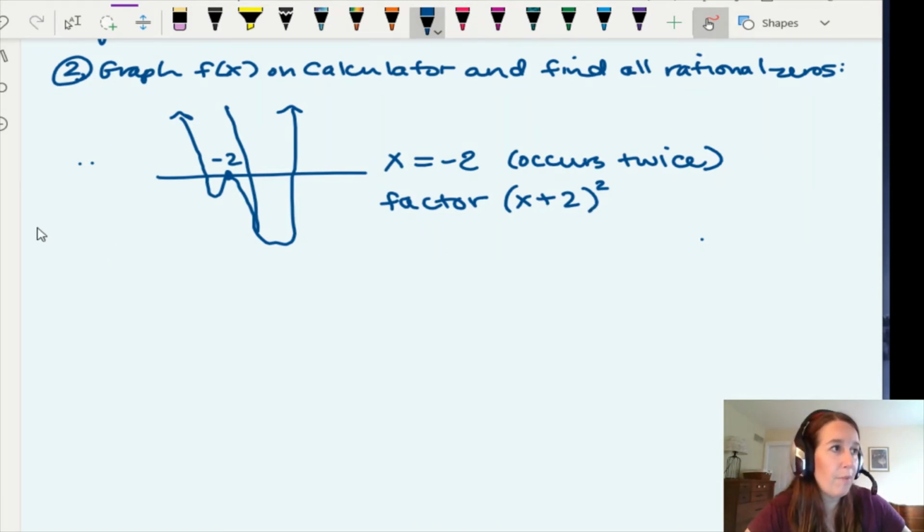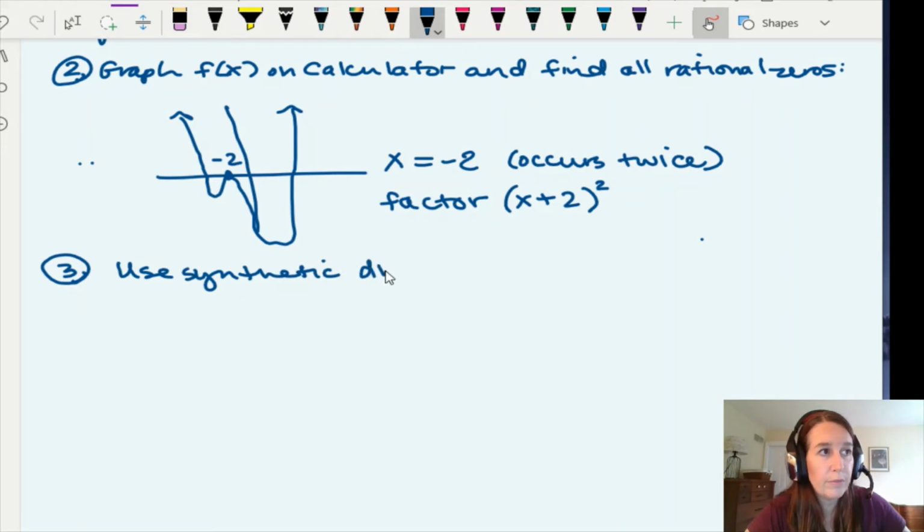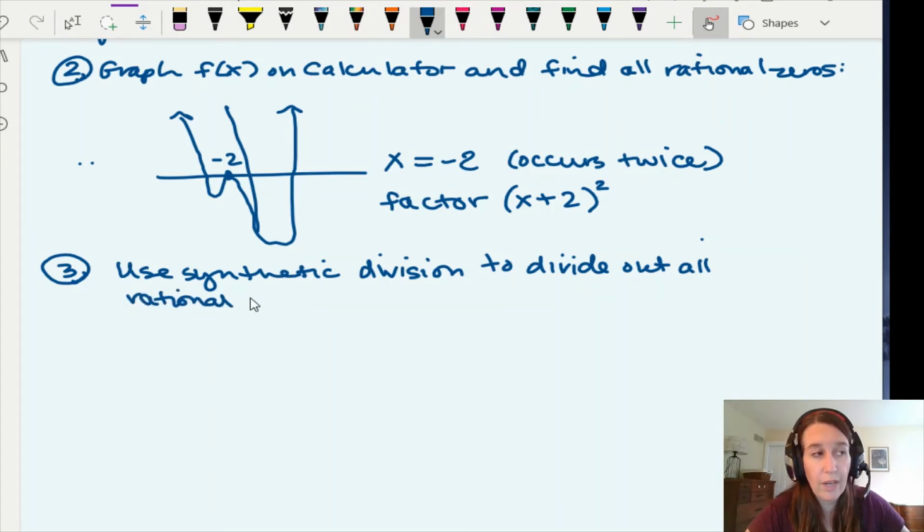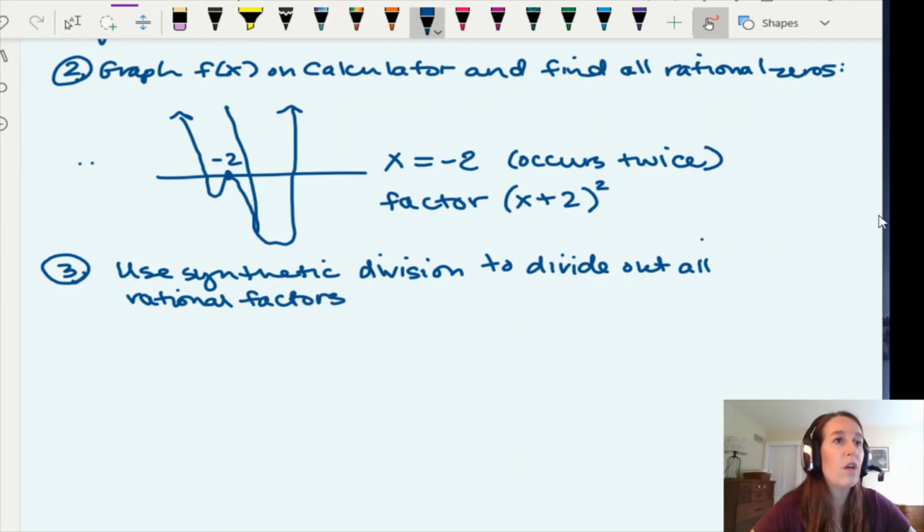Okay, so remember that step 3 is to use synthetic division to divide out all rational zeros or rational factors. Okay, so I'm going to put -2 on the shelf and then do synthetic division.